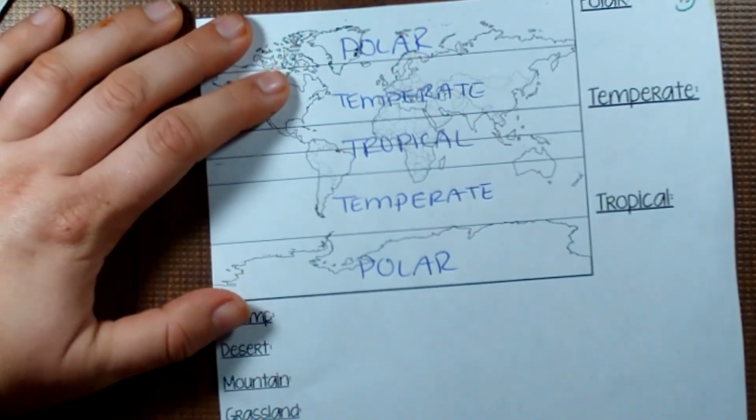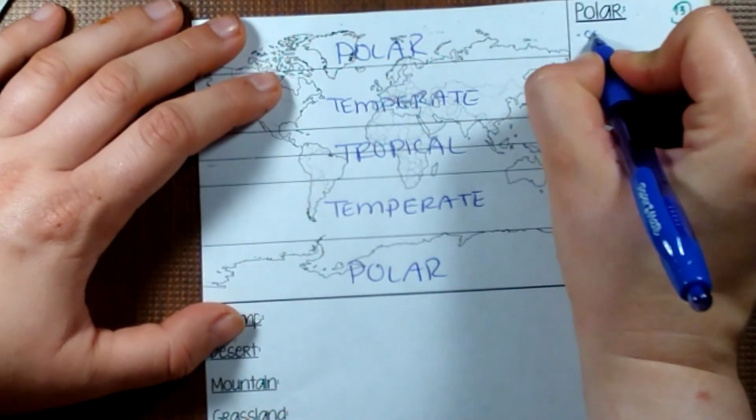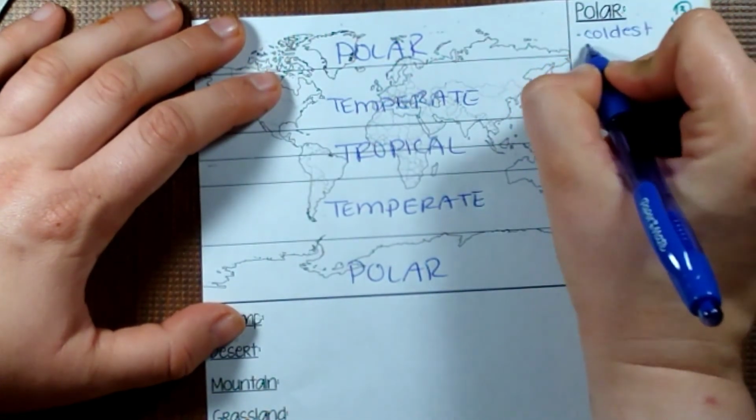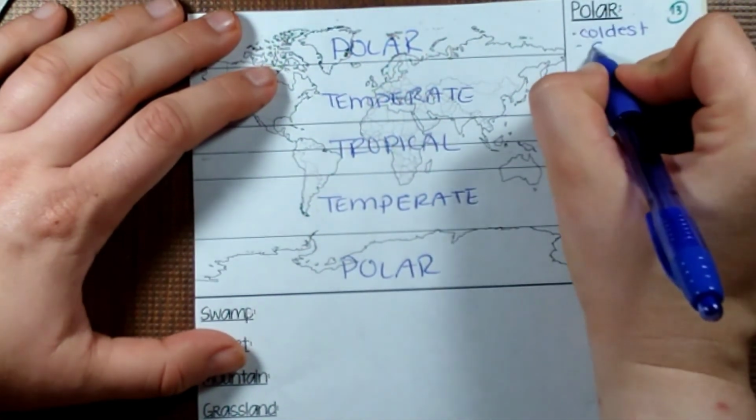So for polar, it's the coldest. It's the furthest away from the equator, so it's the coldest. Almost always below freezing.